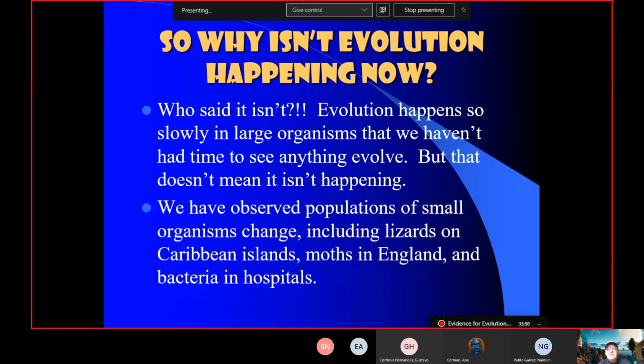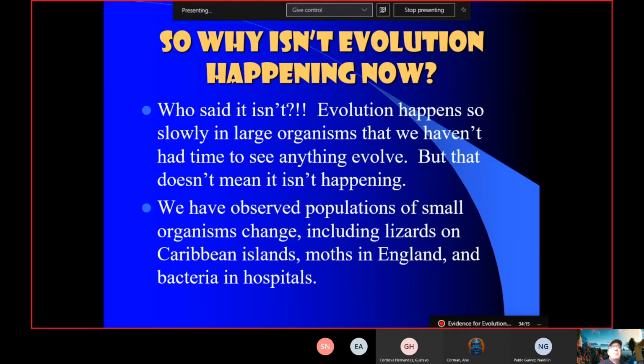So we've seen lizards on Caribbean islands change since we've been observing them. We've seen moths in England change. I think even Darwin knew about that one. We've seen bacteria evolve in hospitals in a frightening way. Another one that I am aware of is that we have seen some small fish in Central America change.